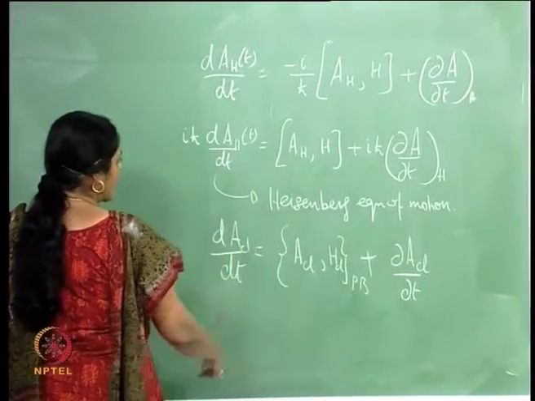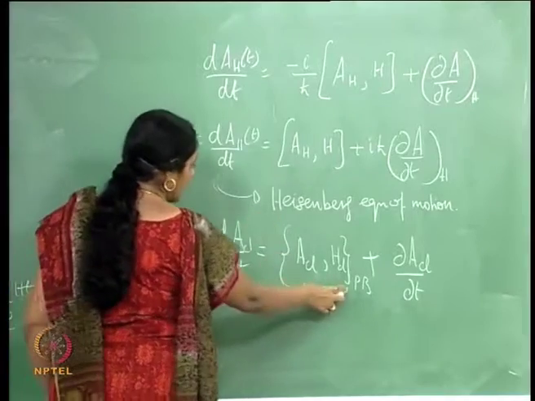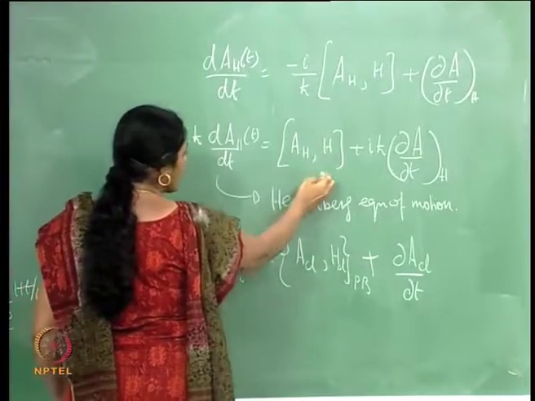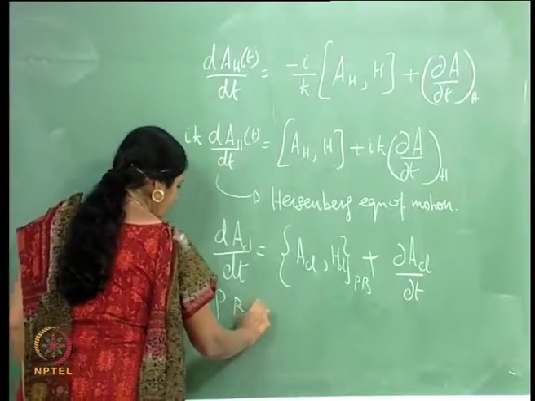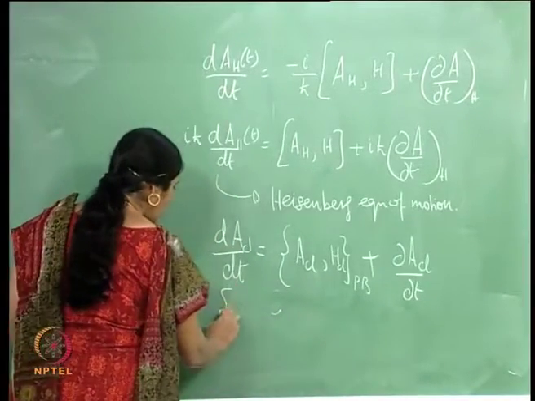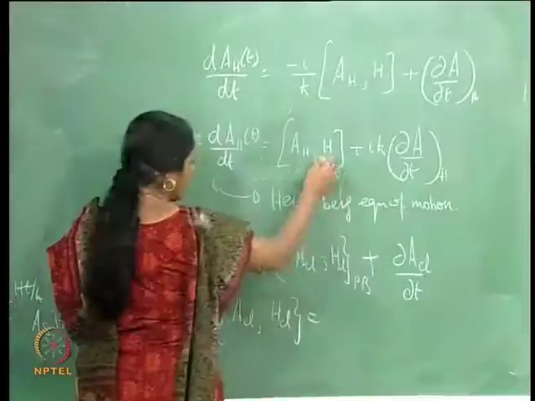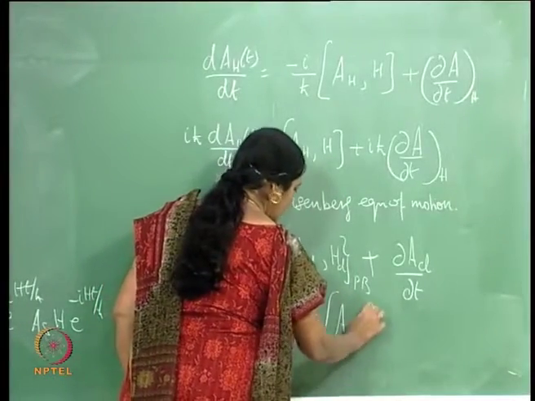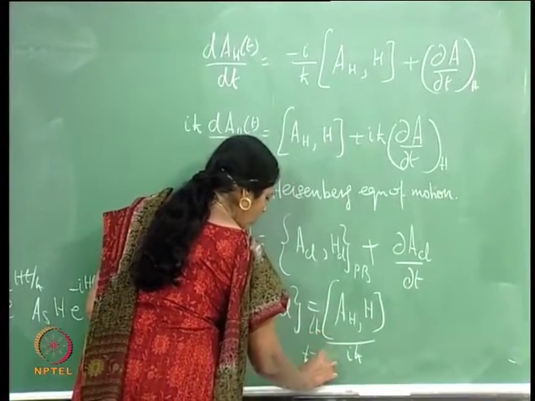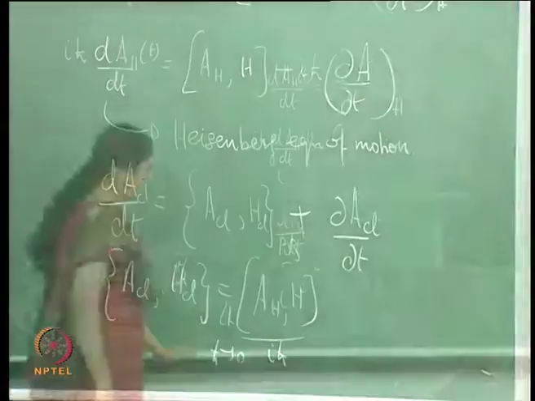How do I make the connection? Well, the Poisson bracket here is simply the commutator bracket by i h cross. So, let us write that down. The Poisson bracket of A classical with H classical is just the commutator bracket by i h cross in the limit h cross going to 0, because that is quantum physics going to classical physics.